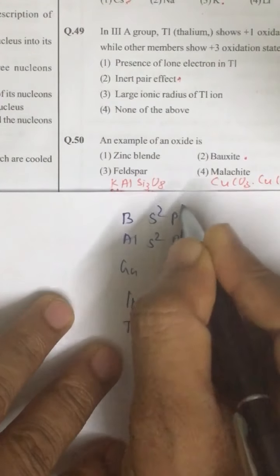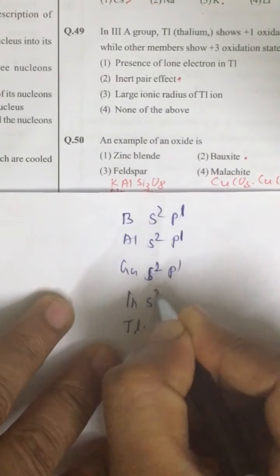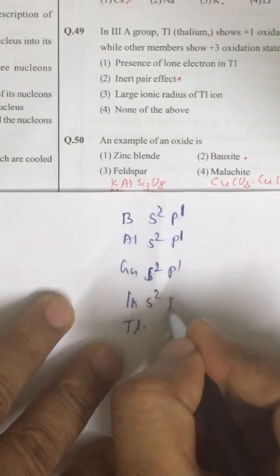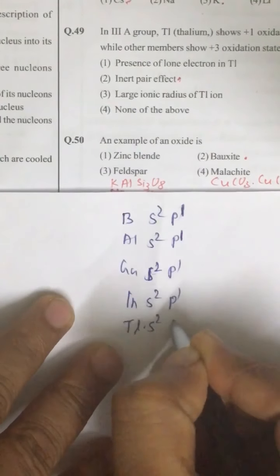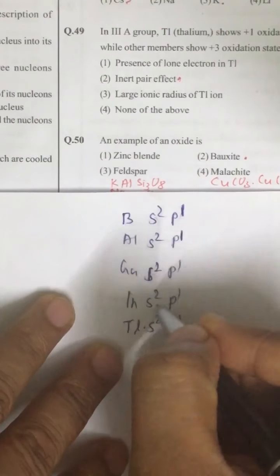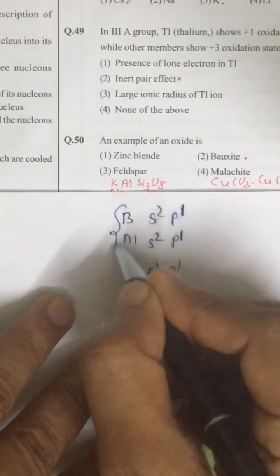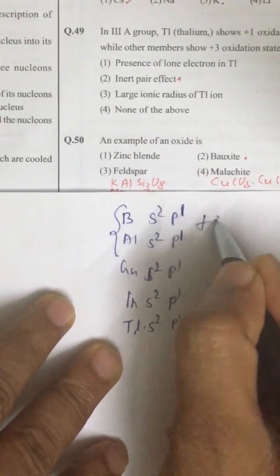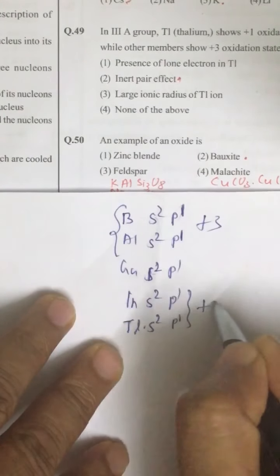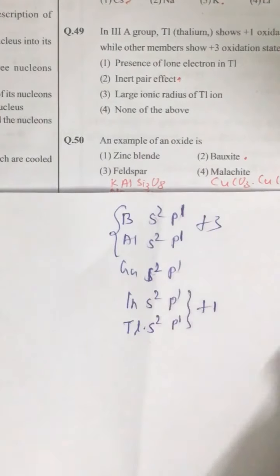After utilizing the p1 electron in bond formation, the remaining 2 electrons in s are called the inert pair, and the stability of this inert pair increases. So due to this inert pair effect, boron and aluminium prefer the +3 state, whereas lower members prefer the +1 state. So this is the inert pair effect.